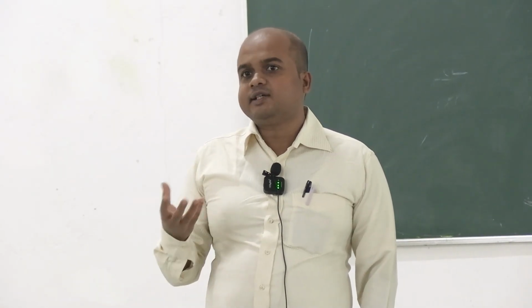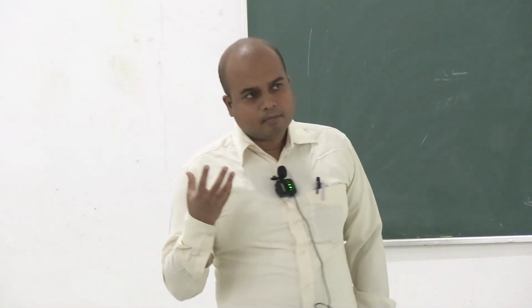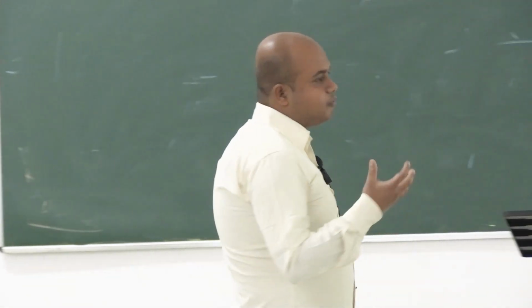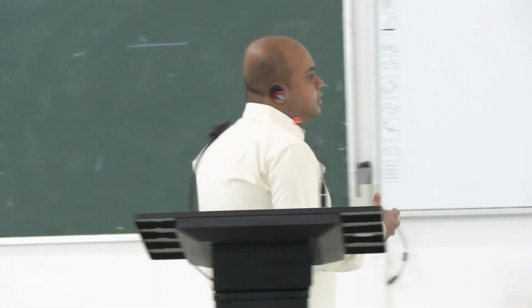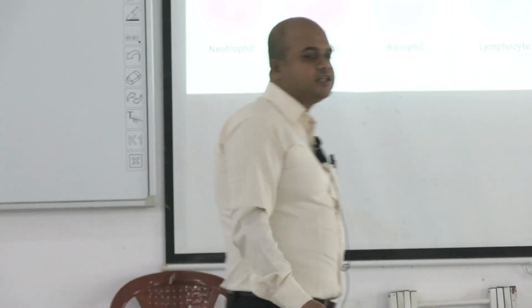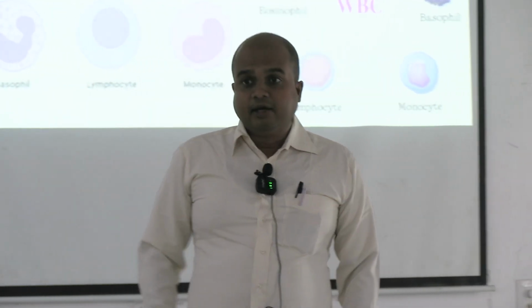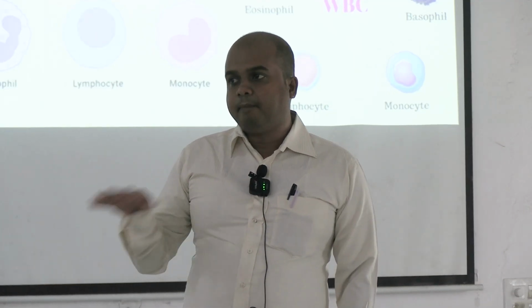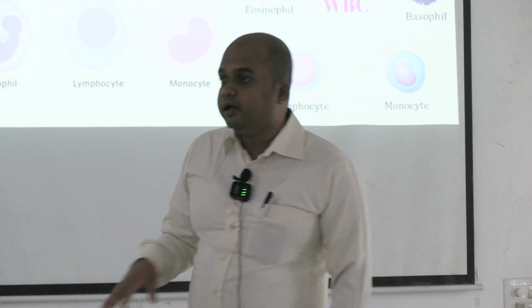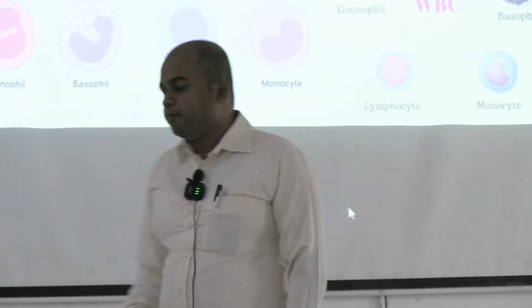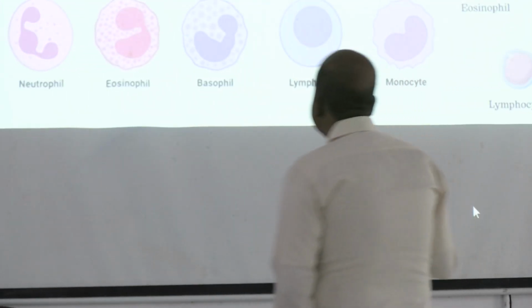They engulf the invading agents, form phagolysosomes, and help the body get rid of them. In acute bacterial infections, neutrophil numbers in peripheral blood are increased. They migrate from the bone marrow to the peripheral circulation.